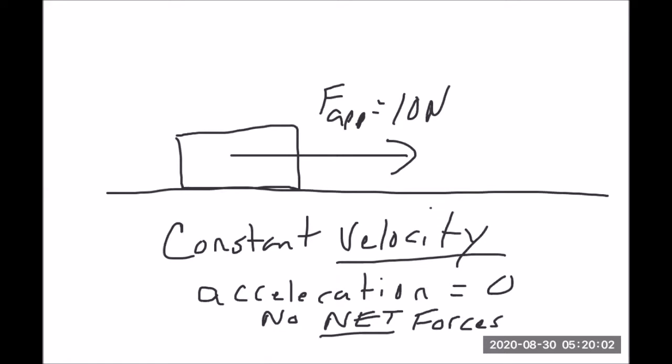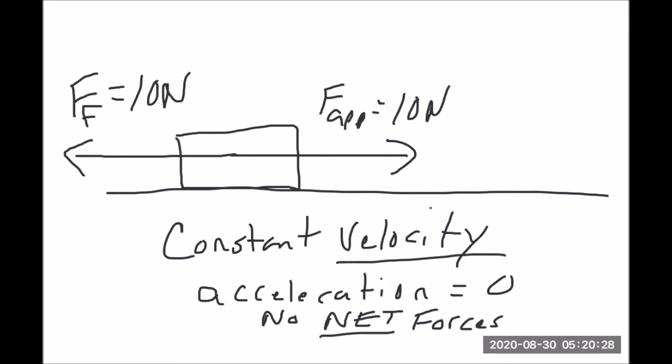There's still an applied force of 10 newtons, but what that means is it's just enough force to overcome the frictional force, which is also 10 newtons. So when an object is moving at a constant velocity, the applied force and the frictional force have to equal, because the sum of the forces, or the net force, has to be 0.